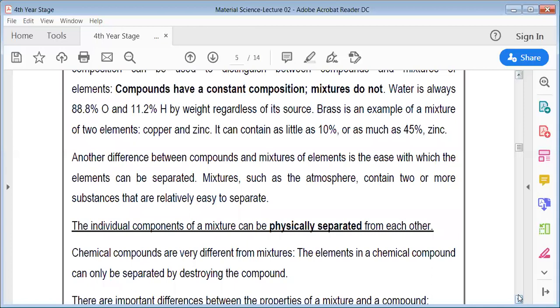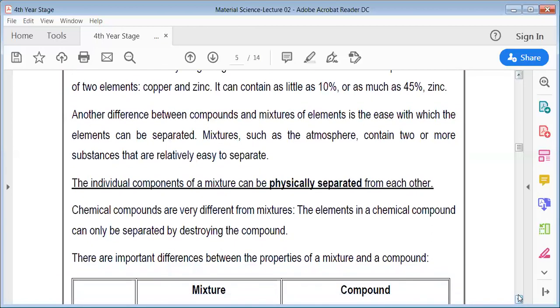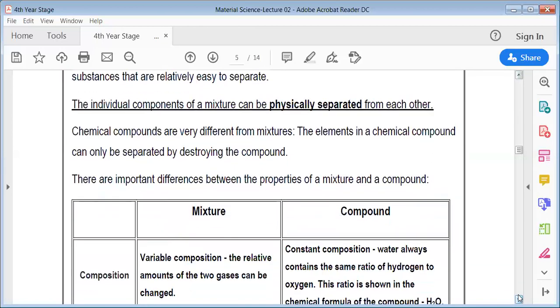Separation of nitrogen from oxygen can be done by physical methods. So the individual components of a mixture can be physically separated from each other. So separation of a mixture can usually be done by physical methods.